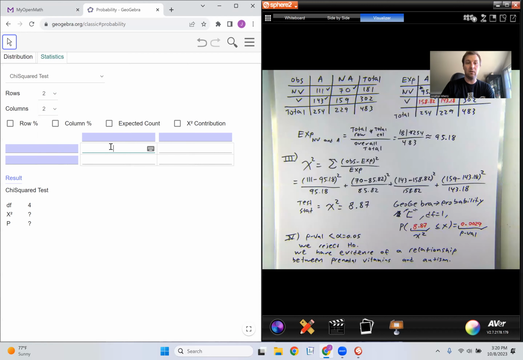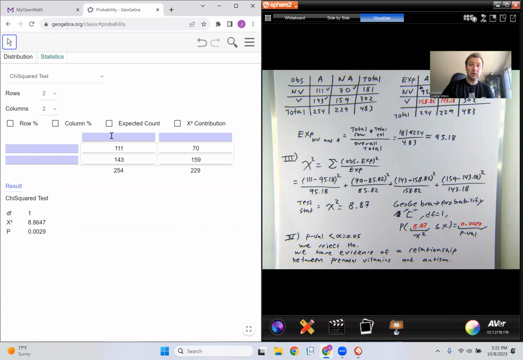I'll type those in now. When I do this, it will calculate the degree of freedom, 1, that looks good. The chi-squared value, 8.86, 8.87, up to a little bit of rounding, looks great. And a p-value of 0.0029, that's the same p-value that we got.